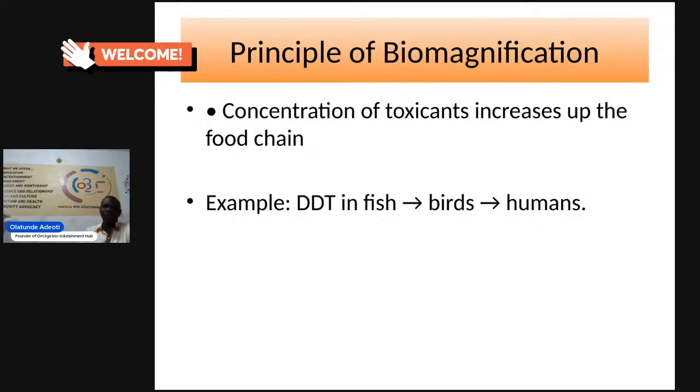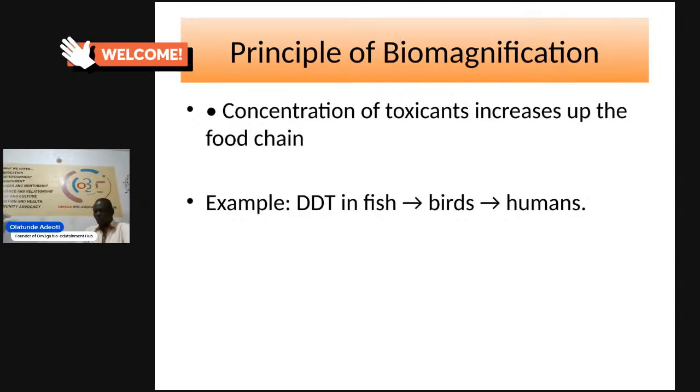Then the principle of biomagnification: the concentration of a toxicant increases up the food chain. An example is DDT in fish.